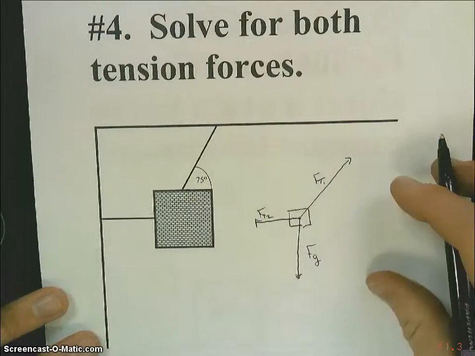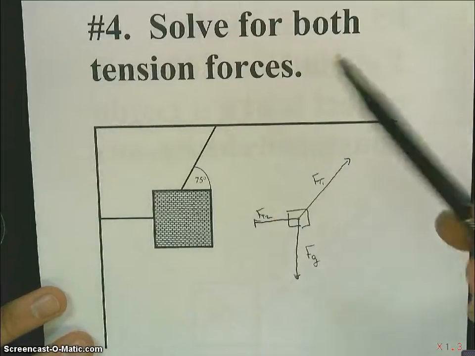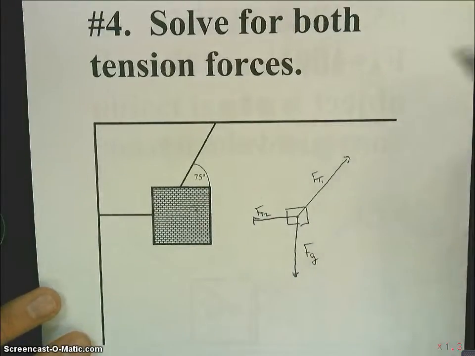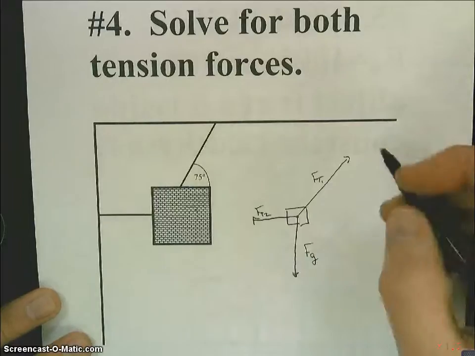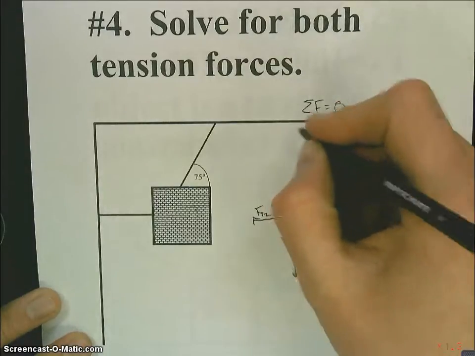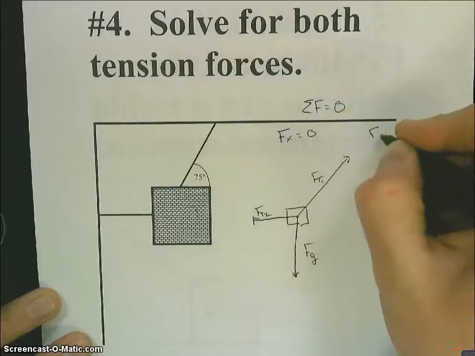Now again, this object is not moving. I can assume so much because of the way that it's drawn and how it's written up here. So if it's not moving, that means the sum of all the forces is 0, which means the forces in the x add up to 0, the forces in the y add up to 0.